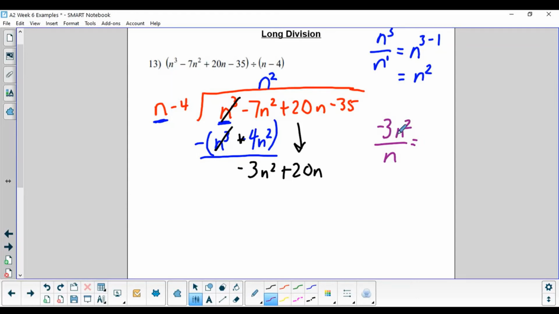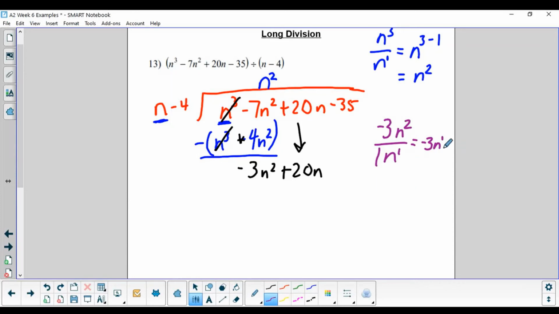Notice this is -3. There's not a number down here. You could think of it as a 1, and anything divided by 1 is itself. So this would be -3. And then remember, when you're dividing, you subtract the exponents. So 2 minus 1 is just n to the power of 1.